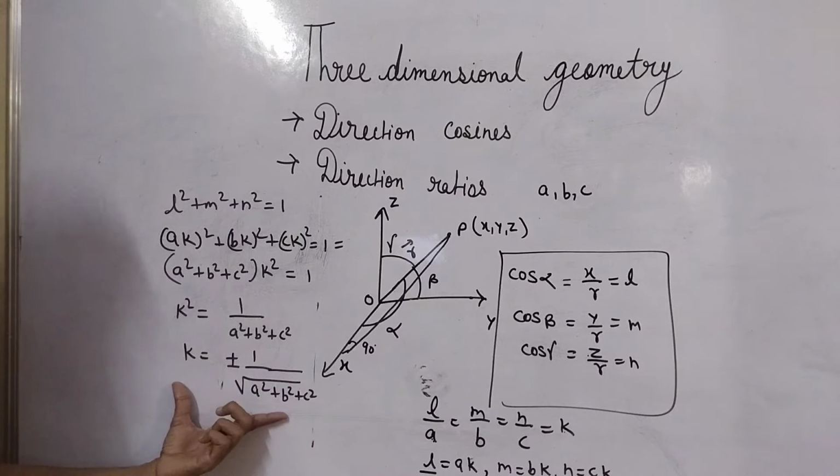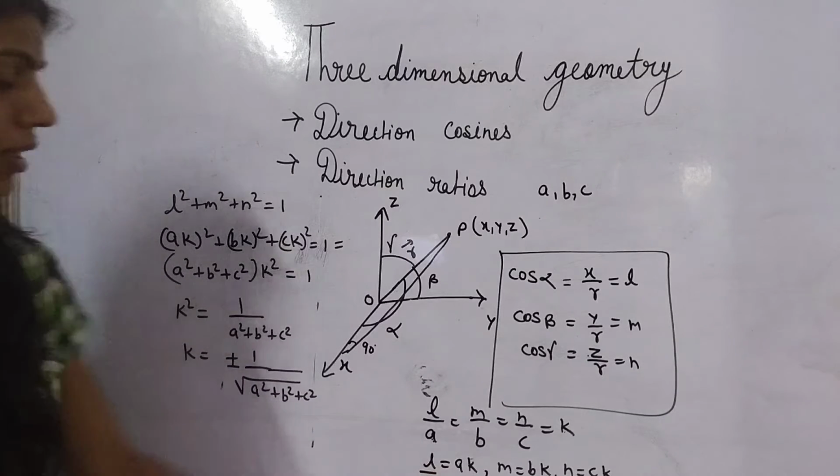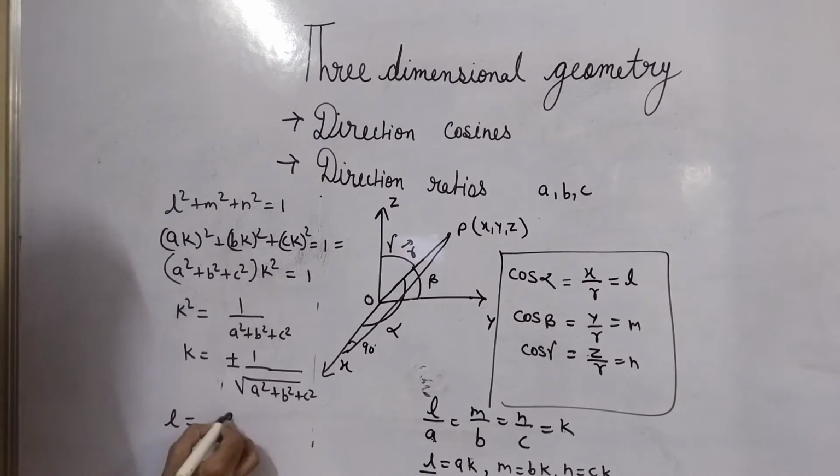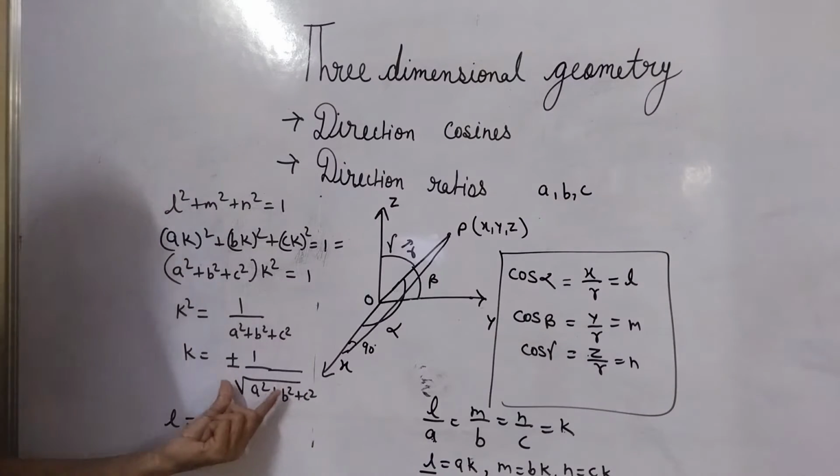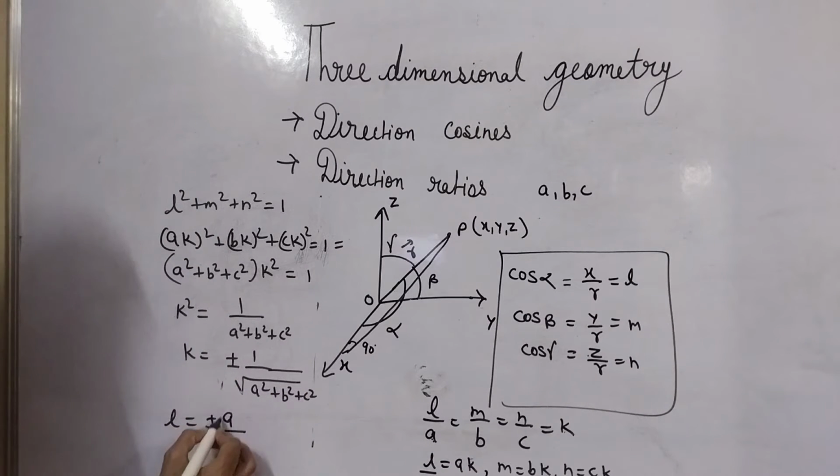Now again we can put this value here. So what is the value of l? a times k, and k is this. So l is plus minus a upon root of a square plus b square plus c square.